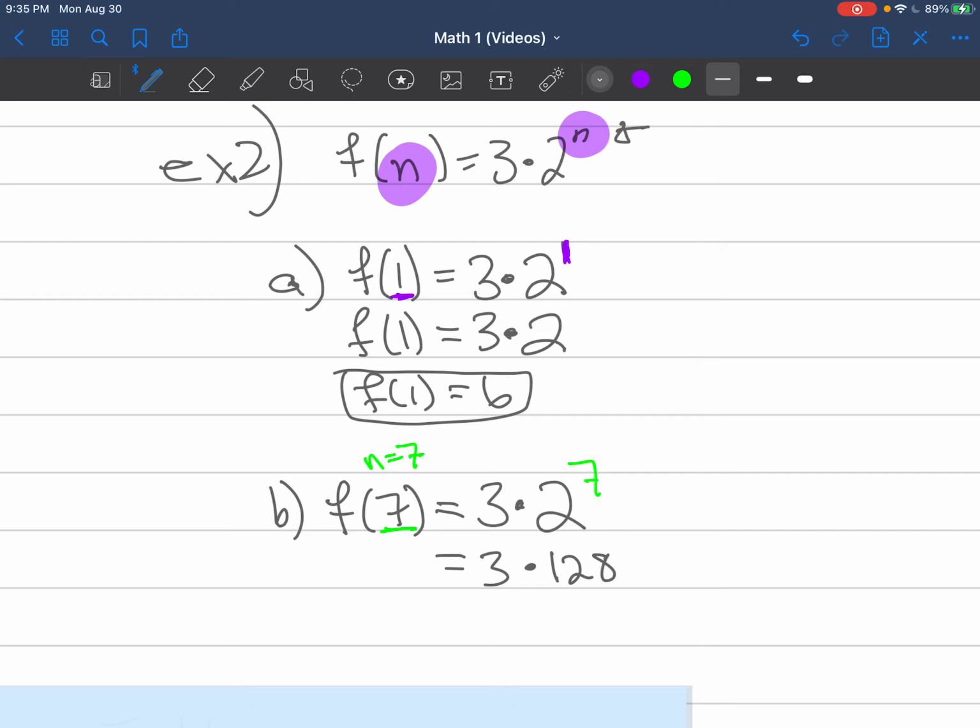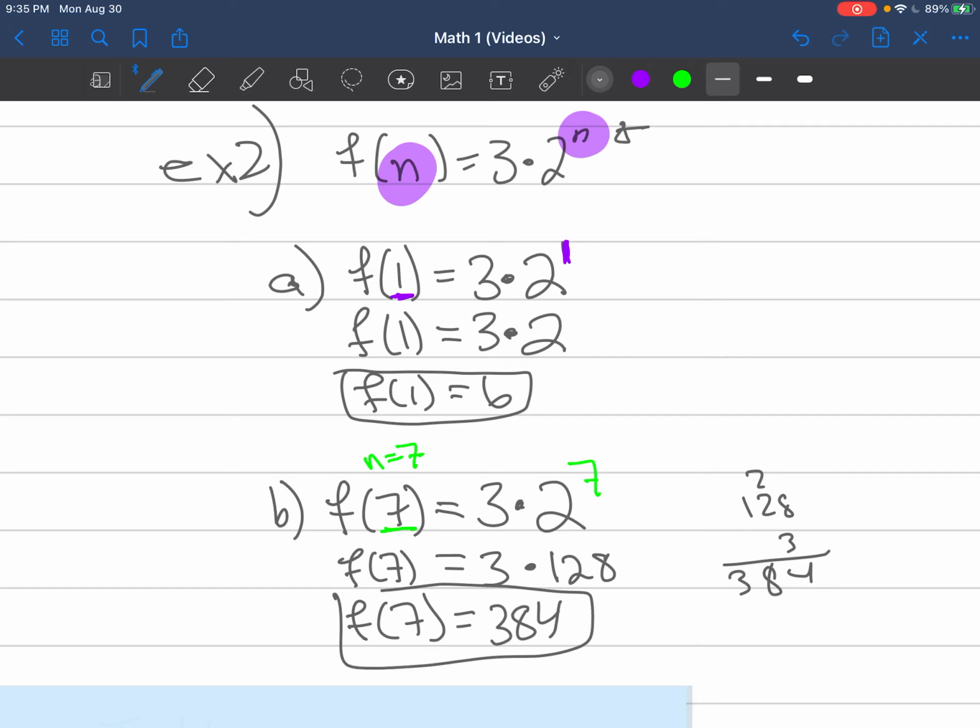So f of 7 is 3 times 128. 128 times 3 gives us 384. Okay?